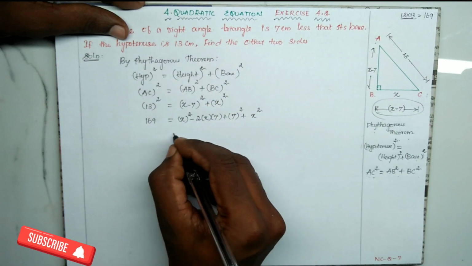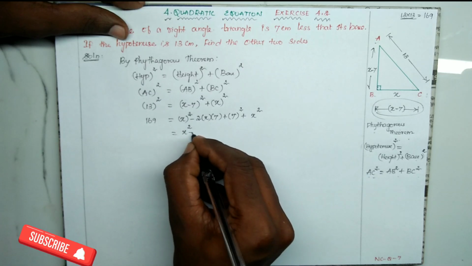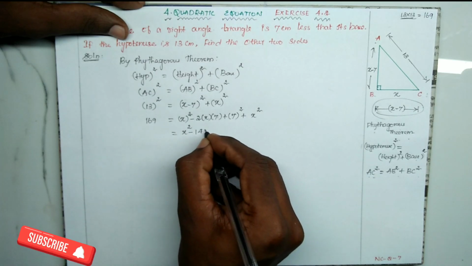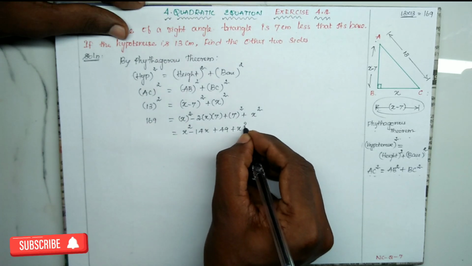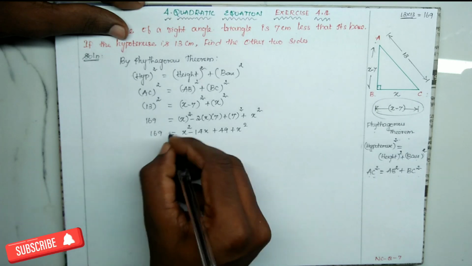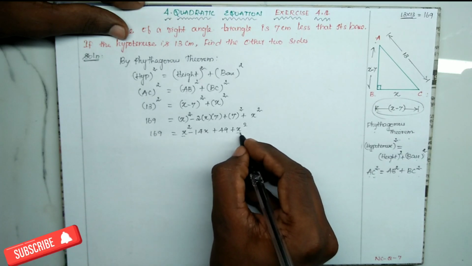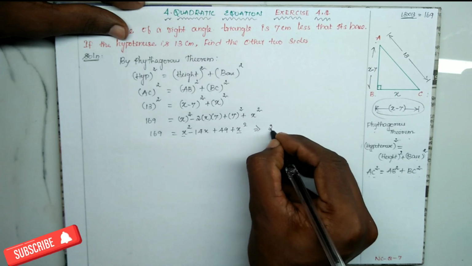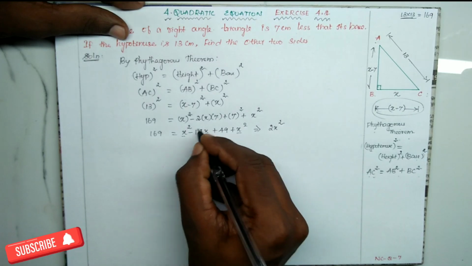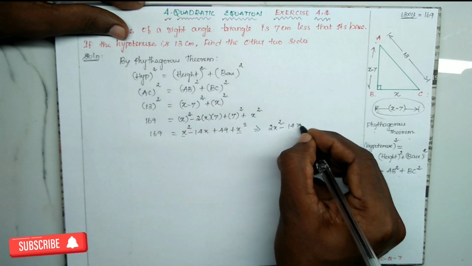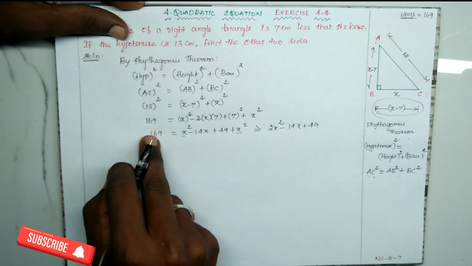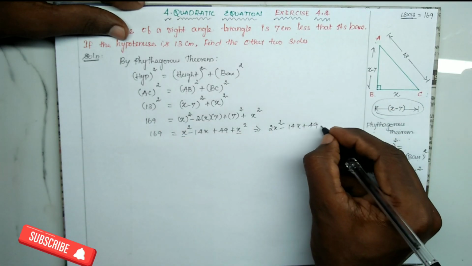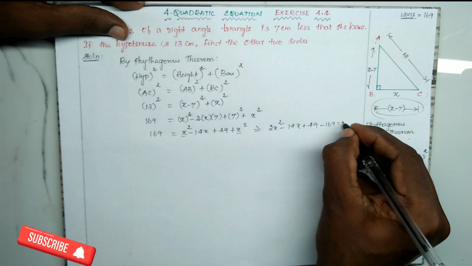So x squared minus 14x plus 49 plus x squared is equal to 169. One x squared plus one x squared becomes 2x squared, minus 14x, plus 49. I am moving this 169 to this side, so 169 becomes minus 169.